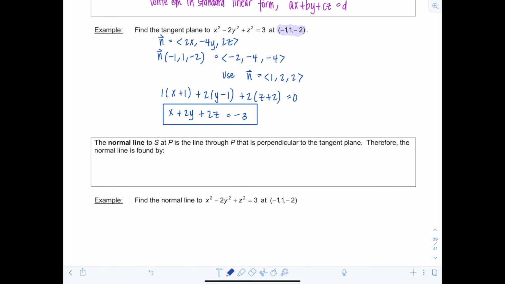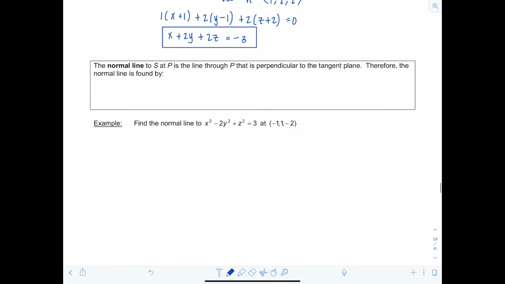All right, pretty straightforward. Now, another term here is the normal line. We say the normal line to a surface at some point P is the line that goes through P and it's perpendicular to the tangent plane. So therefore, if this normal line is perpendicular to the tangent plane, its direction vector is going to be in the same direction as that normal vector, the gradient vector.